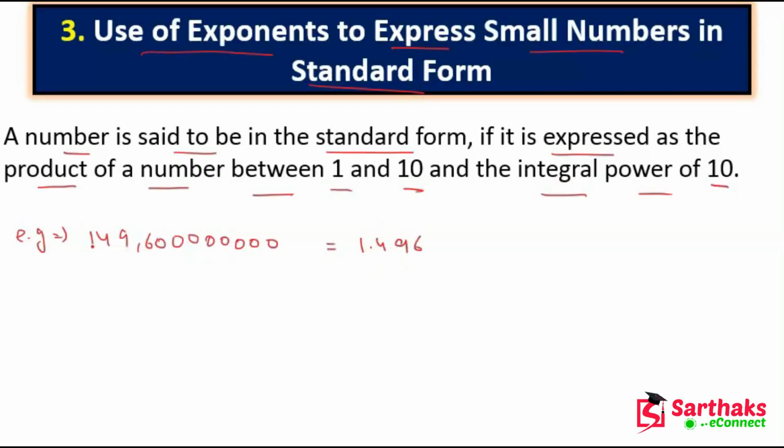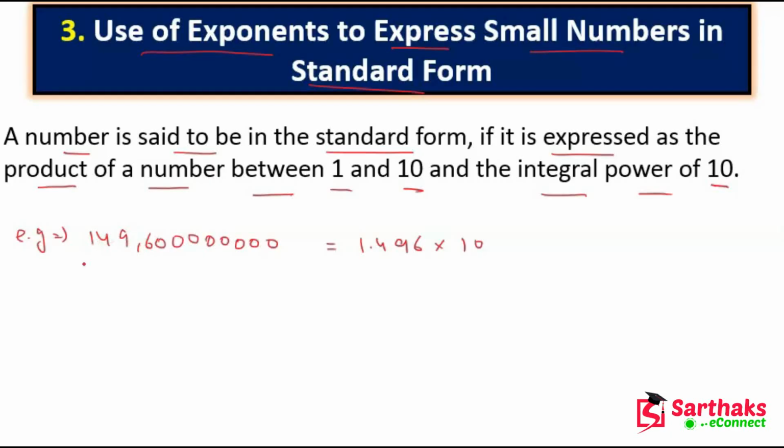So we can write 1.496, putting the decimal point here, times 10 raised to the power. Here we have 8 zeros, plus we are putting the decimal after 3 digits.